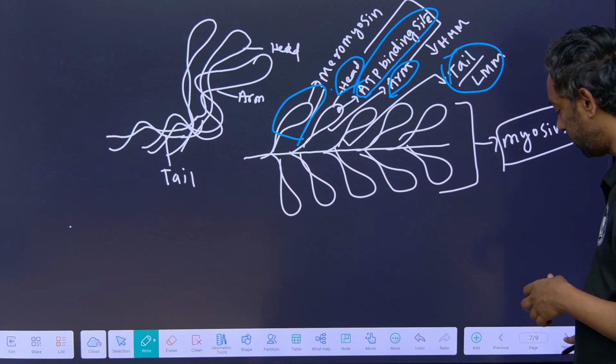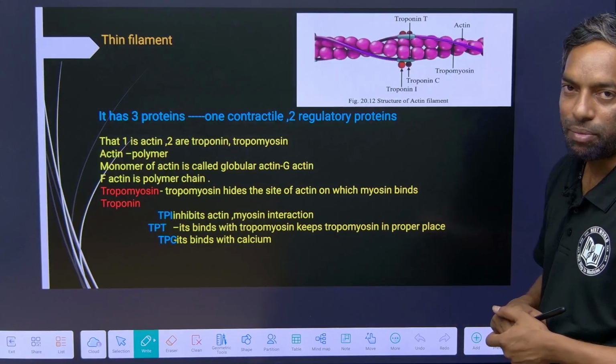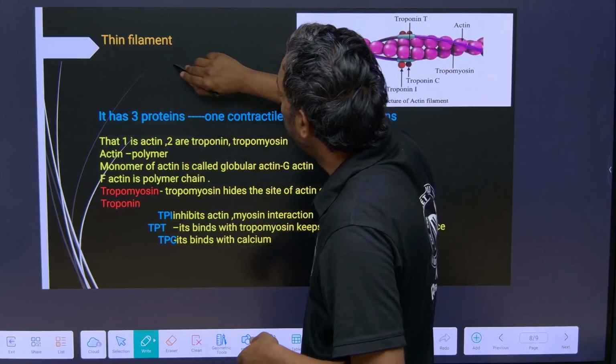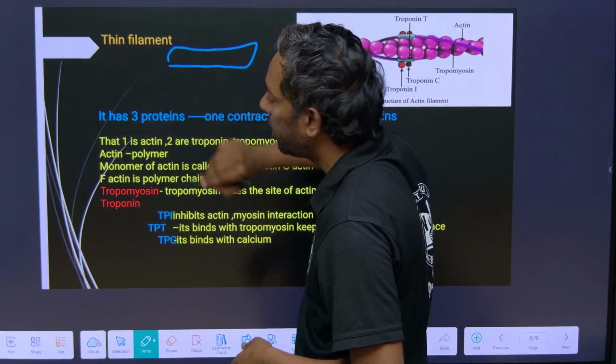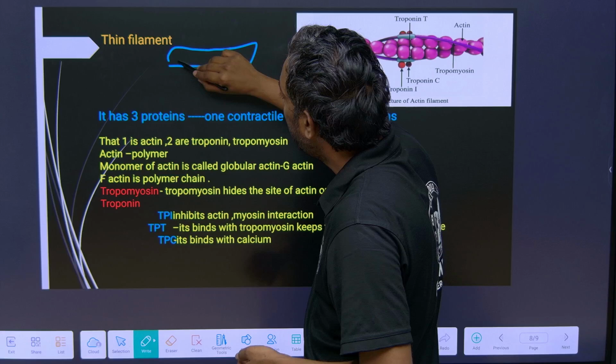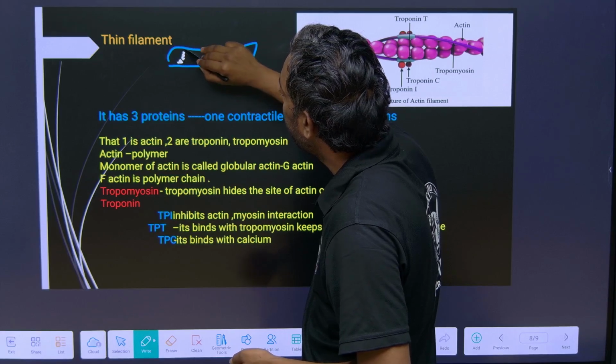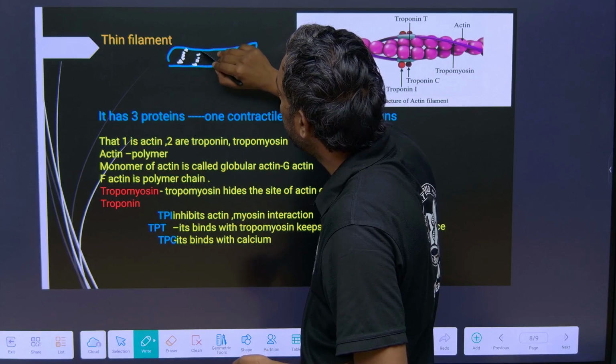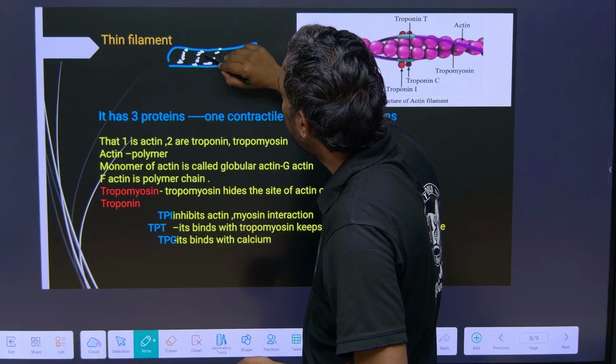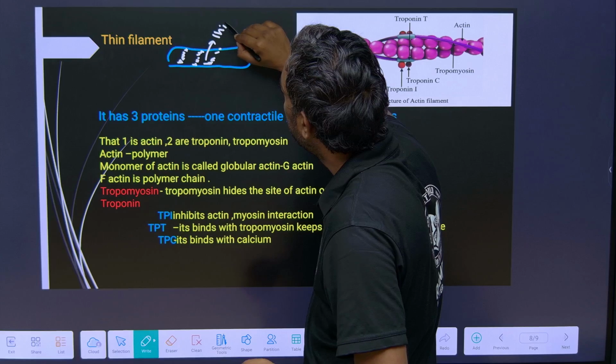Okay, next, the thin filament. In the skeletal muscle, I told you this is the thick filament, and between those there is a thin filament.